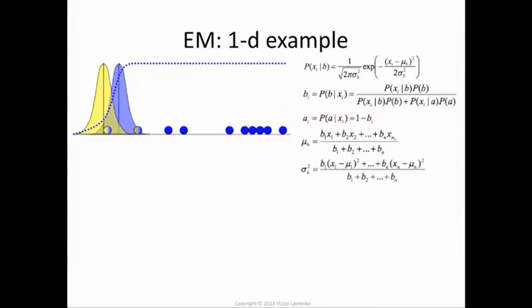So this is for the blue, and then you do the same thing for the yellow, right? So you multiply the numbers by the AIs, which are the weights, the probability that the point is associated with the yellow distribution. And you do the same thing for the mean and for the variance. And I guess just remember that AIs are just 1 minus BI.